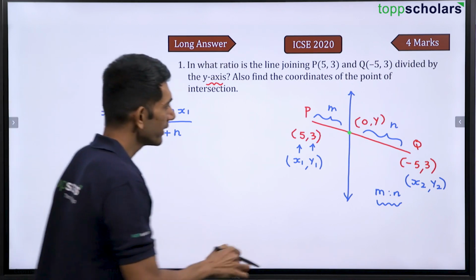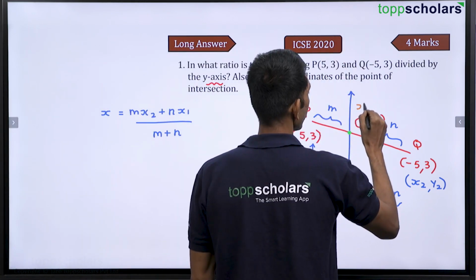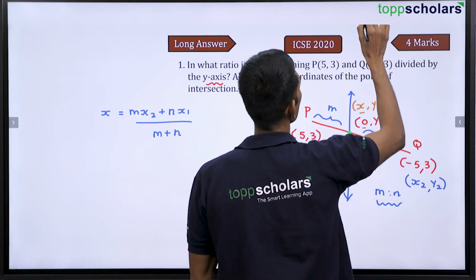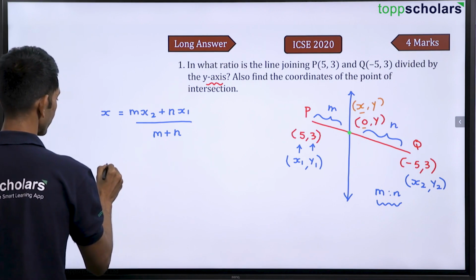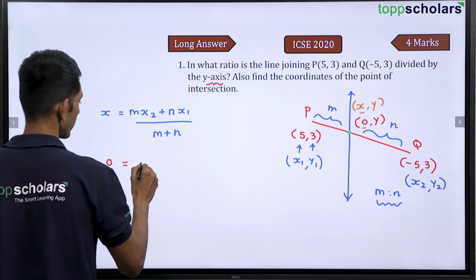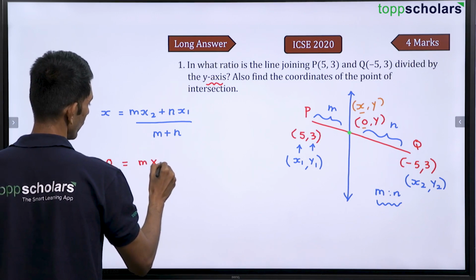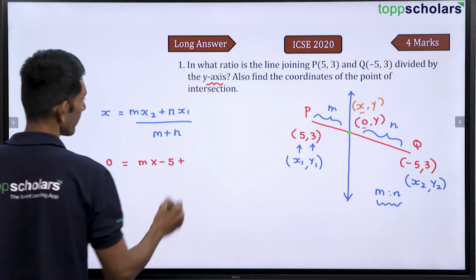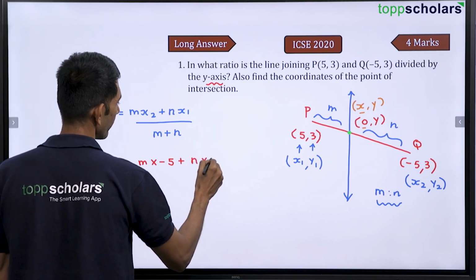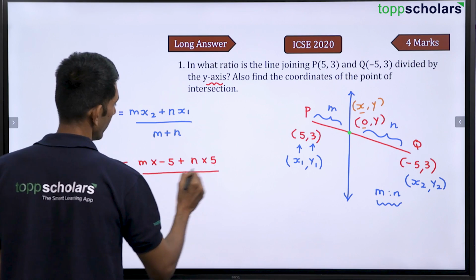Now if you see over here very carefully, this is (x, y). So what is x over here? x is 0. So can I say 0 is equal to (m into -5 + n into 5) by (m + n).